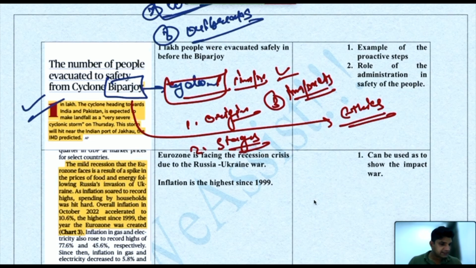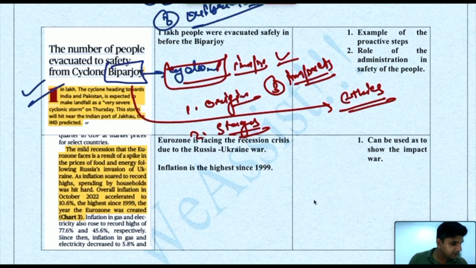Okay, the second point is that Biprajoy anticipation was done. So there was a use of technology in anticipation of this. So if an essay comes related to science and tech, there will be an impact on disaster management. So this can be quoted as one example. Because of the availability of technology, Biprajoy was anticipated and 1 lakh people were evacuated safely.